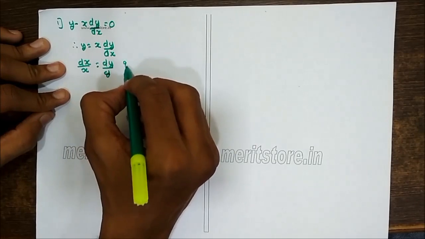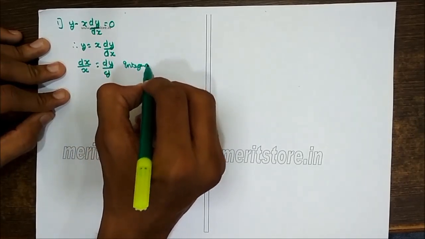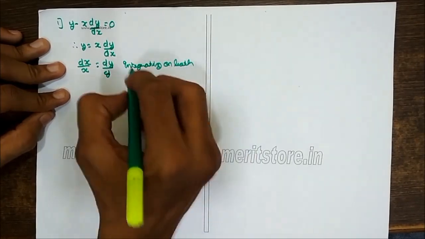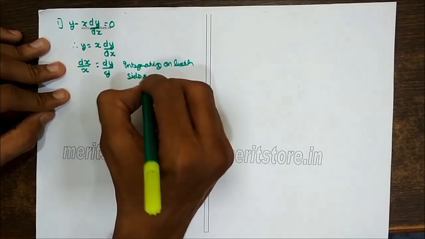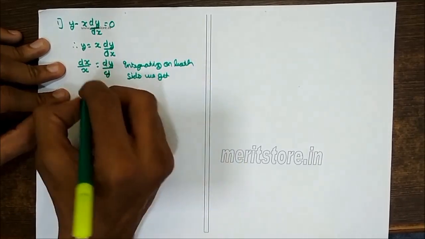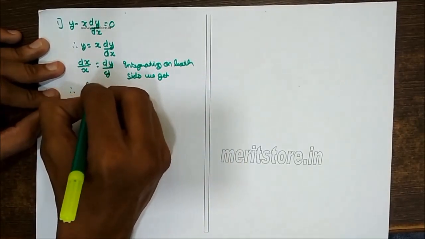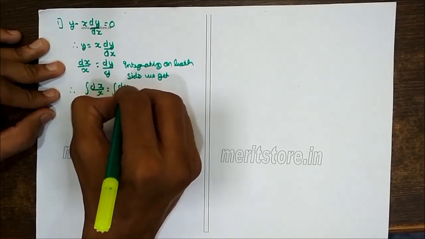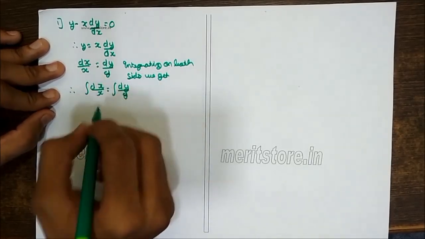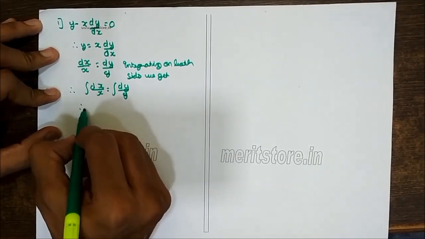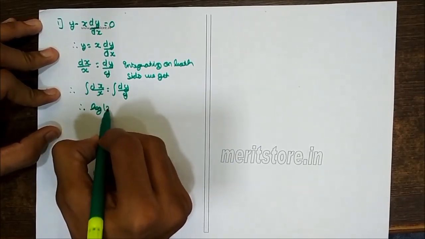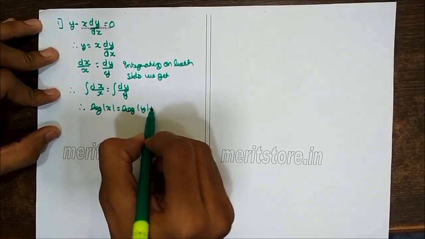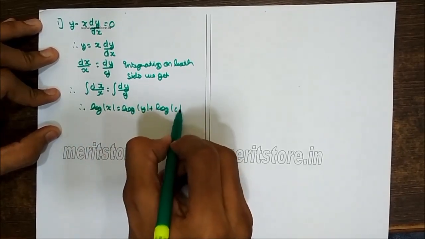Now integrating on both sides, we get log of mod of x is equal to log of mod of y plus log of mod of c.